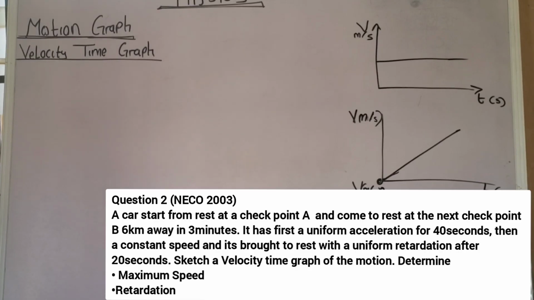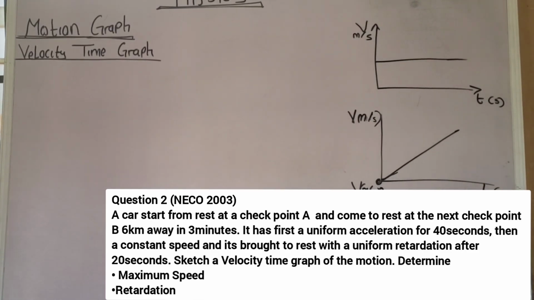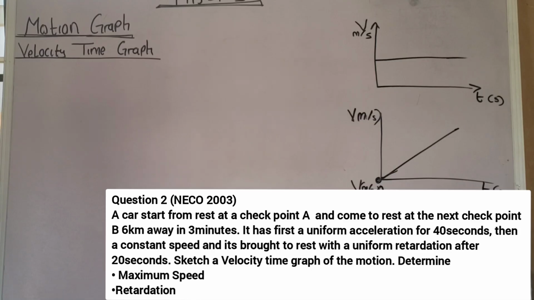So, question 2. A car starts from rest at a checkpoint A and comes to rest at the next checkpoint B, 6 kilometers away in 3 minutes. It has first a uniform acceleration for 40 seconds, then a constant speed, and is brought to rest with a uniform retardation after 20 seconds.